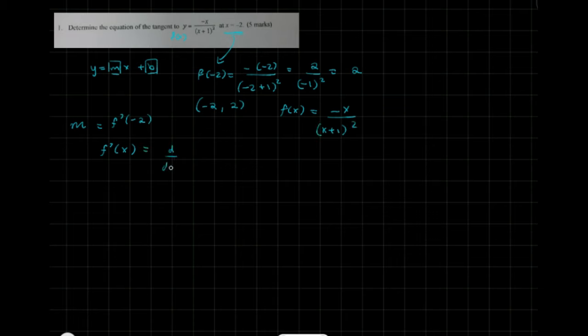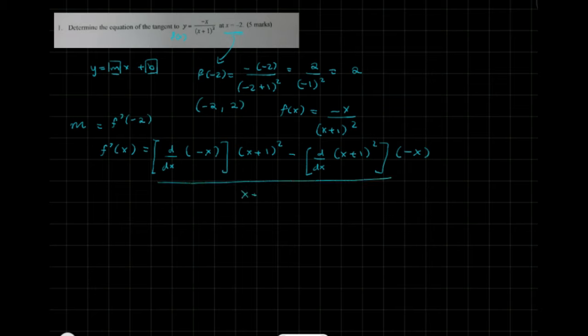So I'm going to do derivative of negative x. So derivative of numerator times the denominator, x plus 1 squared, minus the derivative of the denominator times the numerator, negative x. I'm going to put this over the denominator squared, so x plus 1 squared.